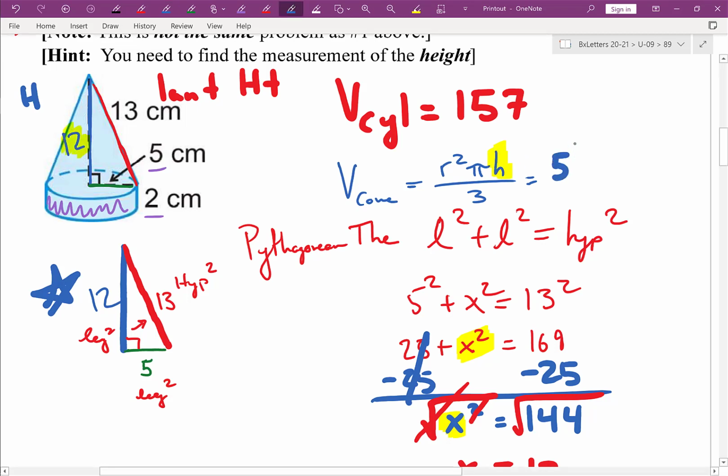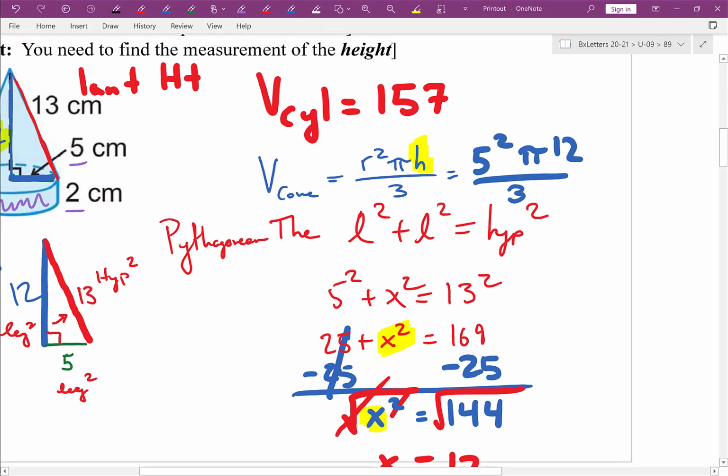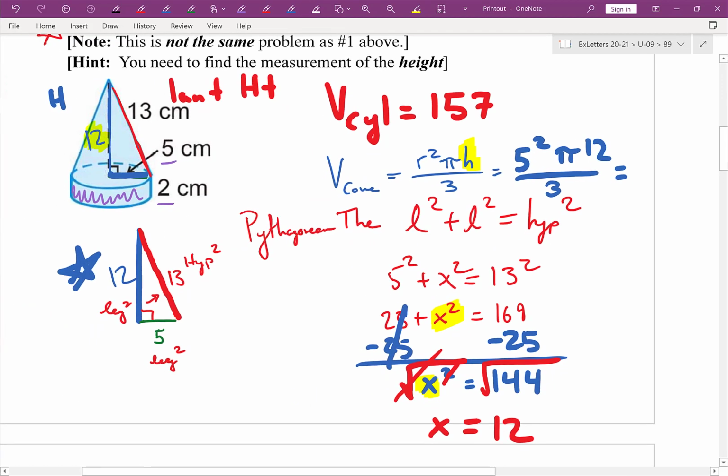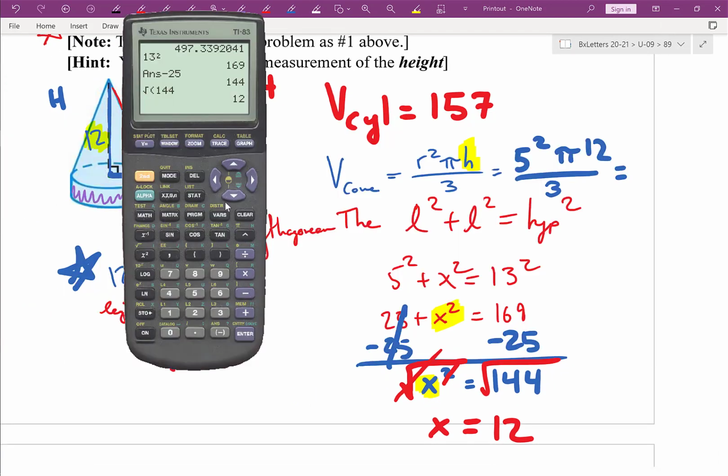So I'll have 5 squared, because that's my radius, pi times 12 all over 3, which equals 314. And then we're going to add on that 157 because we want the volume of everything, the compound. So in total, we get about 471.